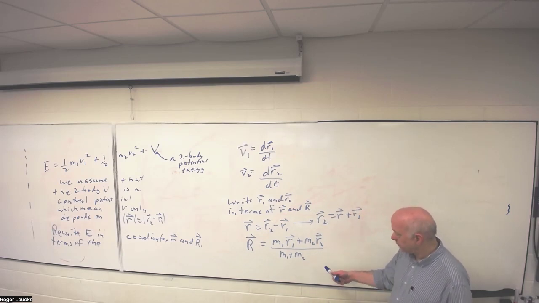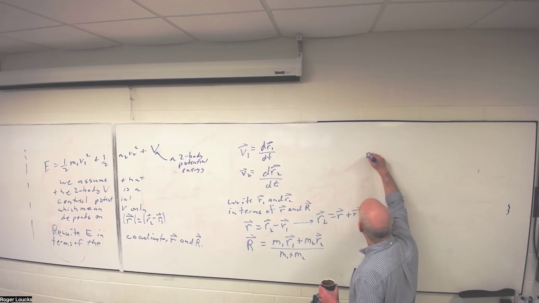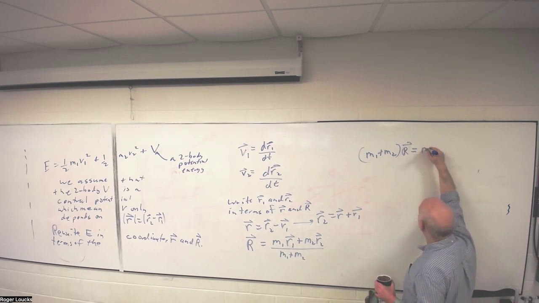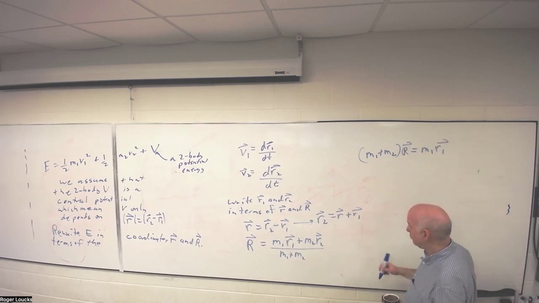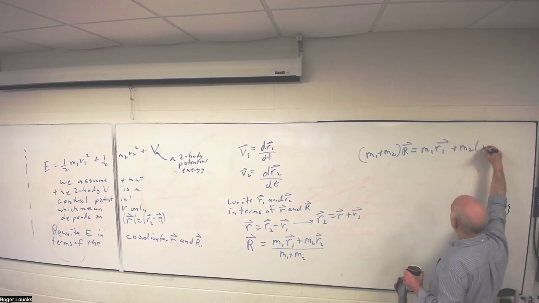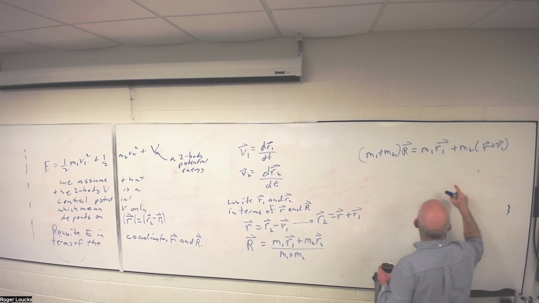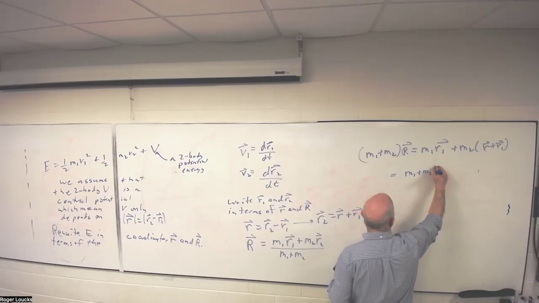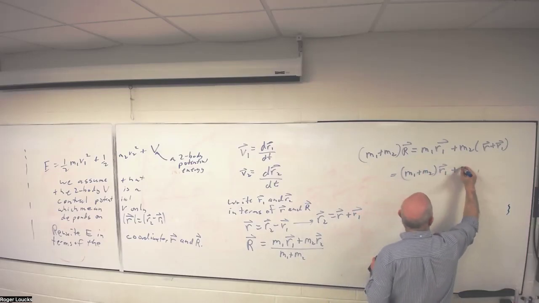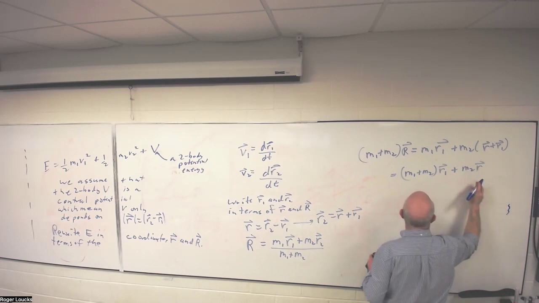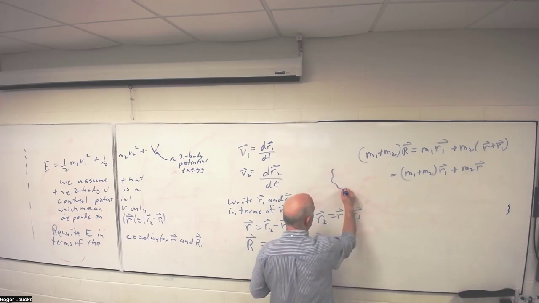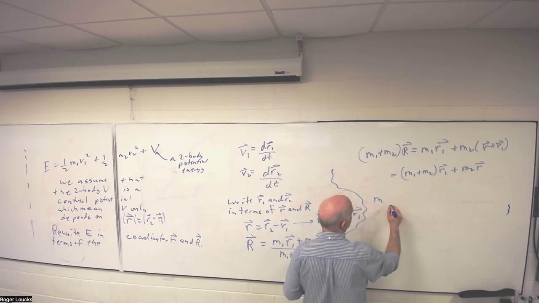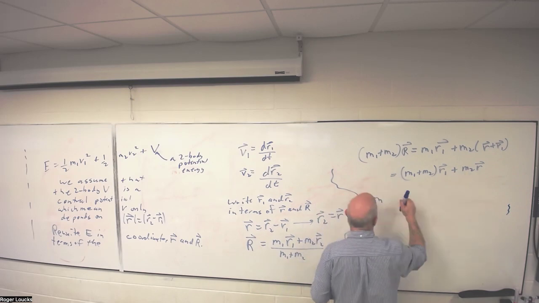And I take this and put it in here, so I can take over the mass term. Here's my M1 R1, and my R2 is my buddy here. I can group my R1s together and take this over here.